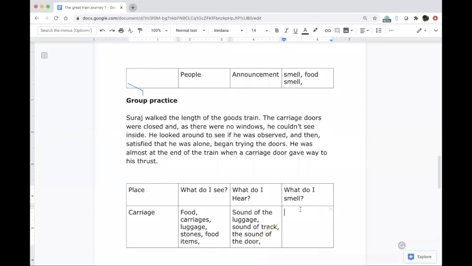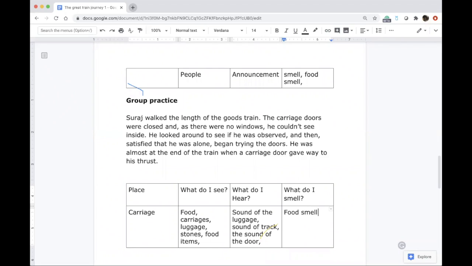Can we move to the next one? What do I smell inside this carriage? You can use information from the paragraph. Sir, can I? Yes, Zubeda, tell me. Food smell, sir. I smell food.